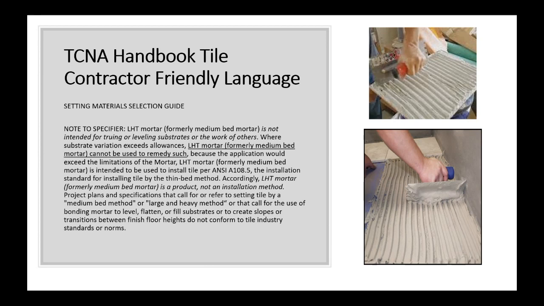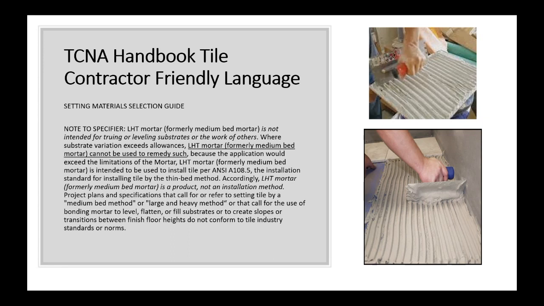Or for that matter, probably more important, tile's the only flooring industry that really doesn't get recognized for its surface prep. And today, because of large format and gauged porcelain tile and so on, I think that's changing quite a bit. But if the floor needs to be straightened out, it should be done with surface prep materials, which is what it's intended for, not with a mortar and building it up too thick. That can create shrinkage issues and other problems. So that's what this note is really about.